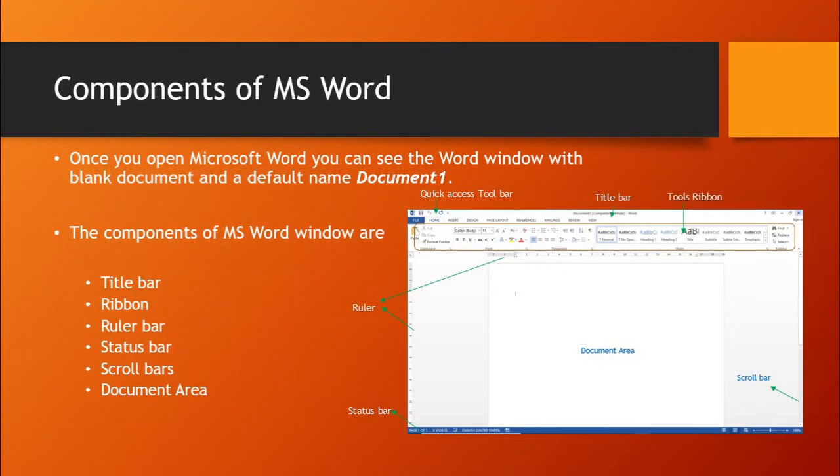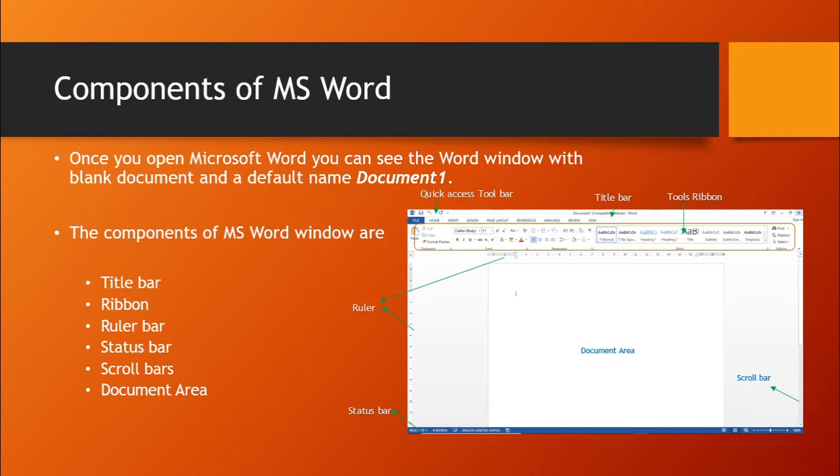To start with, we will learn how to open a Word document. When you open Microsoft Word, you can see the Word window with the blank document and a default name, Document 1.